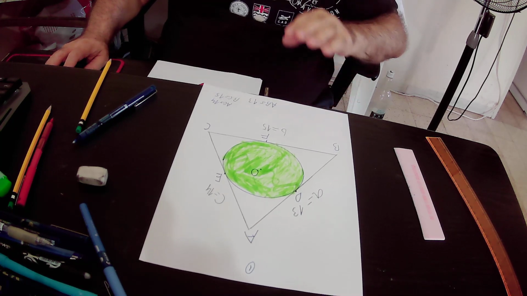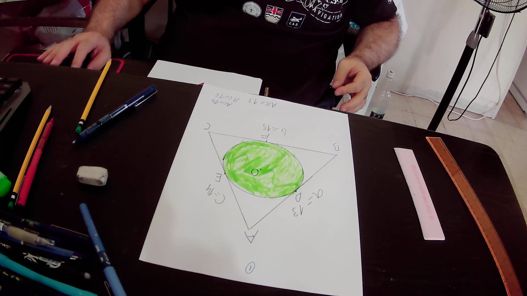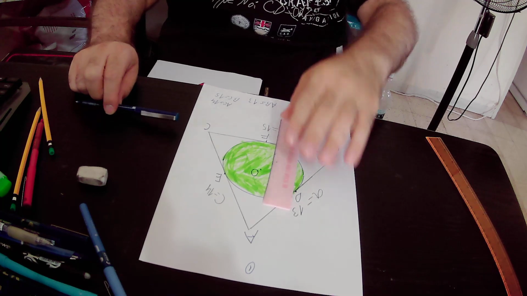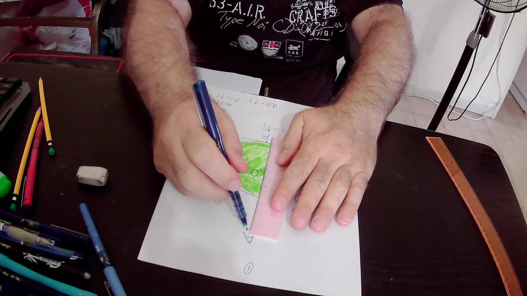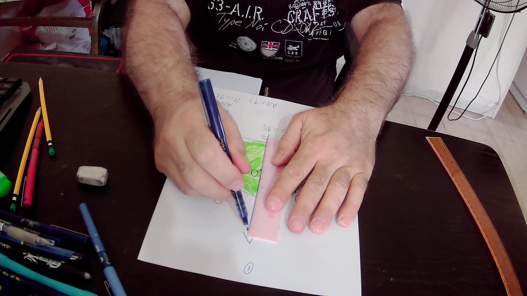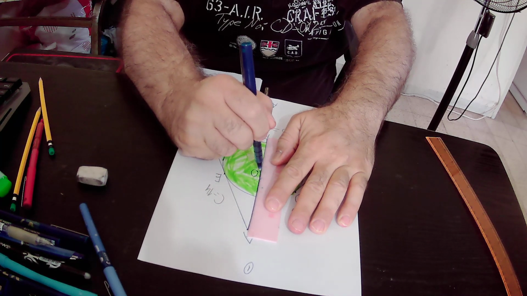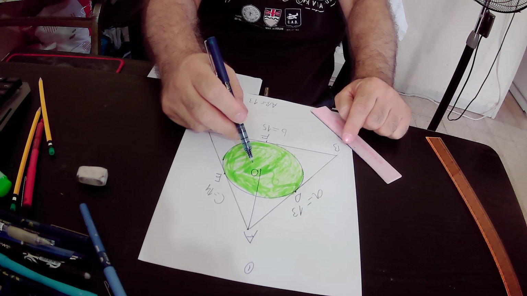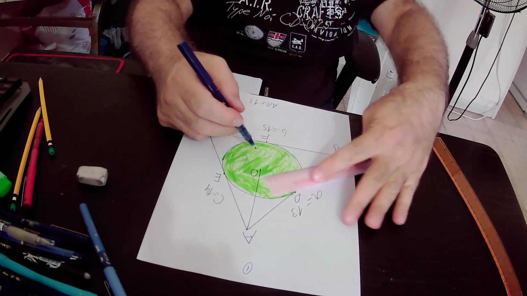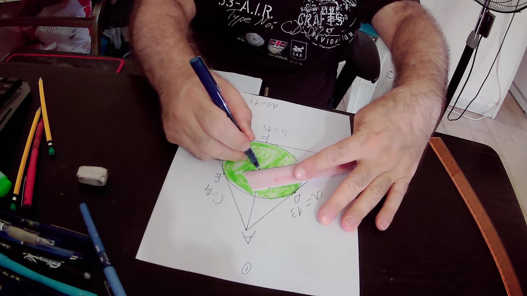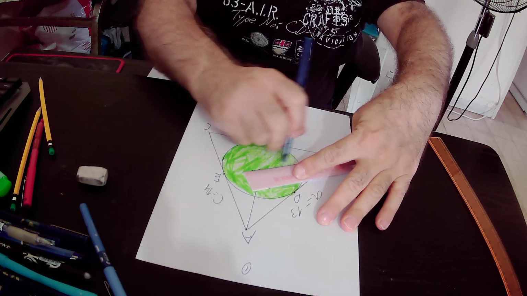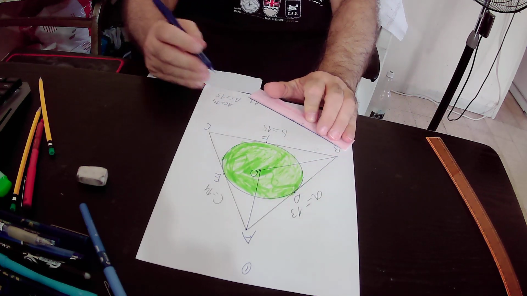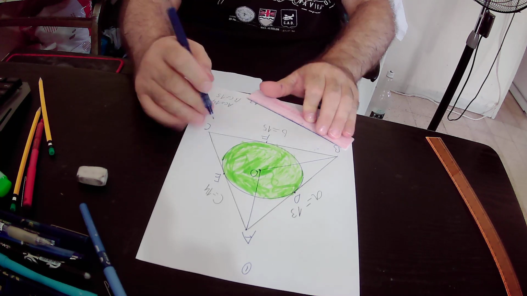So we will connect together points A and O by a straight line, and we will also connect together points B and O by a straight line, and we will connect together points O and C by a straight line.